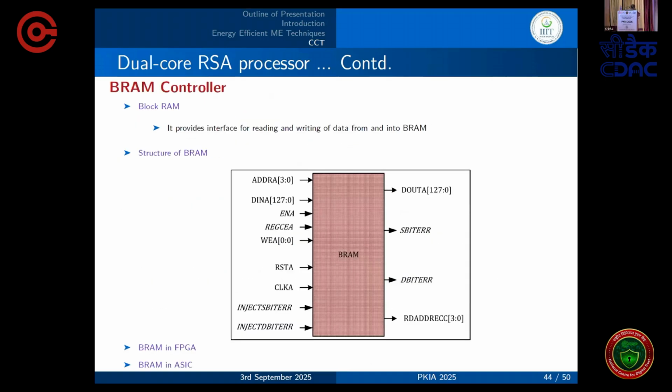So this is a BRAM. In software, the memory will be allocated dynamically. But when it comes to hardware implementations, we need to allocate a dedicated memory. So in FPGA, for allocating memory, we have a block called BRAM. Its size depends on our requirement only.